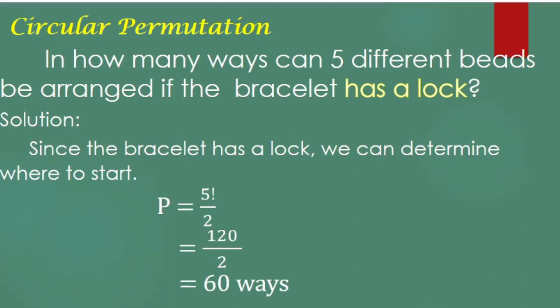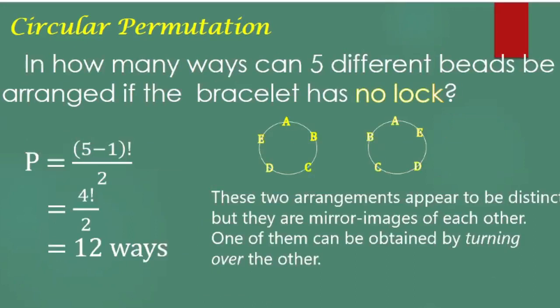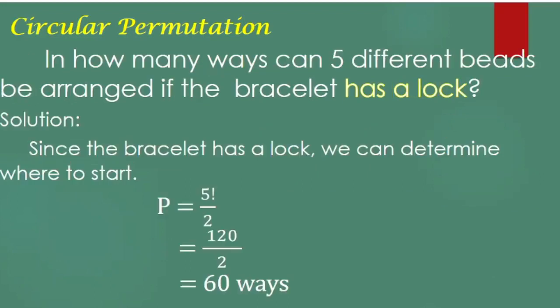Again, since question number 1 has no lock, in this one, in how many ways can 5 different beads be arranged if the bracelet has a lock? Our solution: since the bracelet has a lock, we can easily determine where to start, unlike in given number 1, where you cannot.